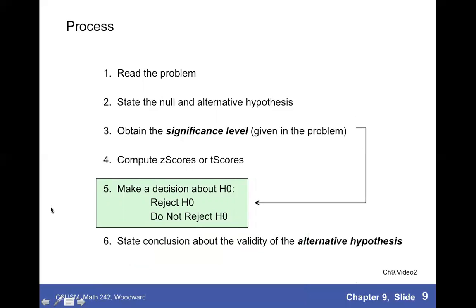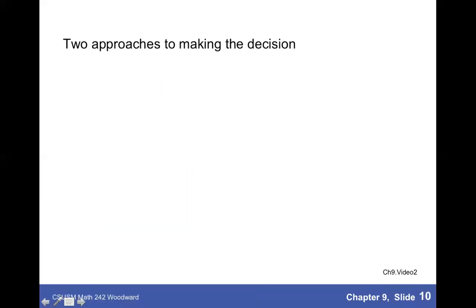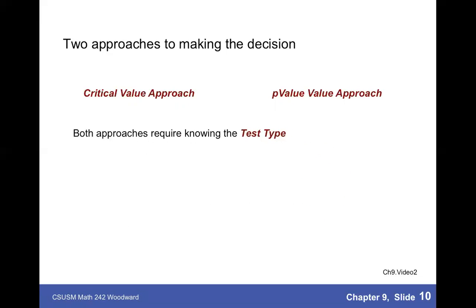The decision comes from the significance level. It's based on the significance level. There's two approaches to making a decision. One is called the critical value approach, and the other one is called the p-value approach. And the book does both cases, and we'll look at how to do both.